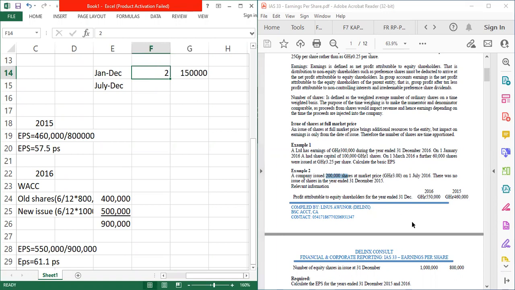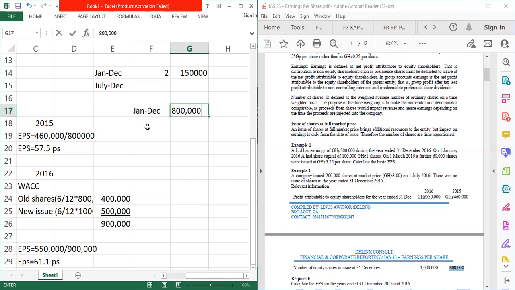Let's come here. You see the number of shares that we have over here. In 2015, there were 800,000 shares. These 800,000 shares will become opening shares for 2016, which will be there from January to December. If we want to share the profit, this 800,000 will take a full year because they have been there from January to December.